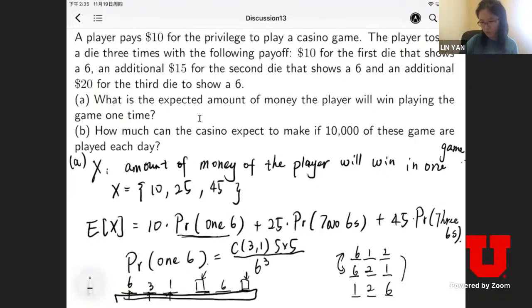I don't know what it means, but we can think about it this way. You play a game and you need to calculate the number of ways that there is exactly one 6 in a 3-throw game.